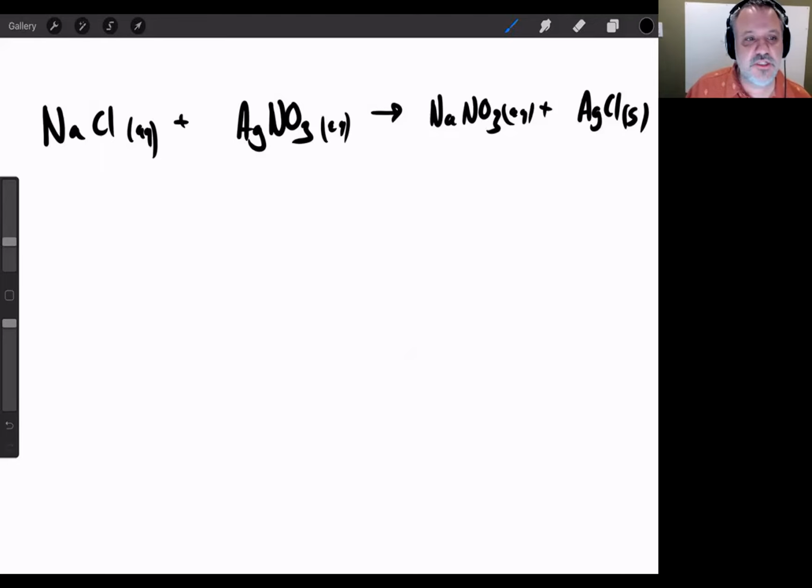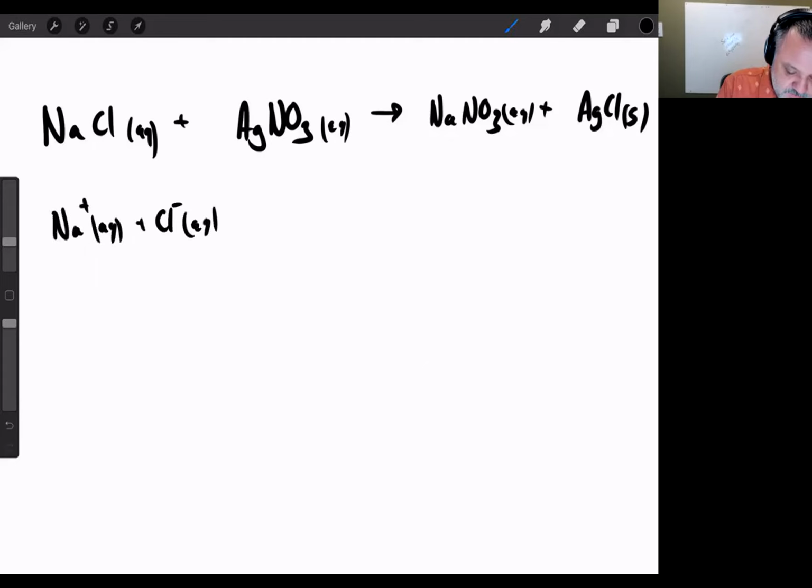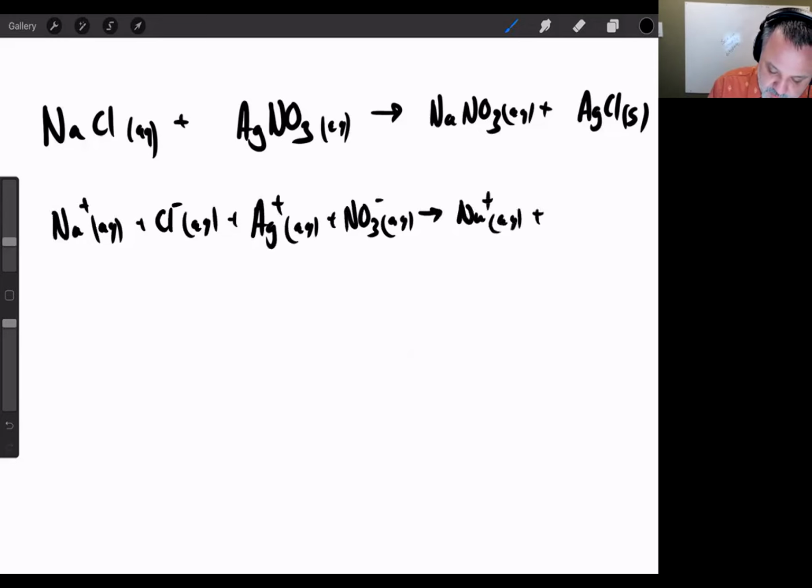So back to this one. Again, I chose this one because everything was 1-to-1, and so this equation is already balanced. But now if I wanted to write down the complete ionic equation, I would write down sodium ion aqueous plus chloride ion aqueous plus silver ion aqueous plus nitrate ion aqueous yields sodium ion aqueous plus nitrate ion aqueous plus silver chloride solid.